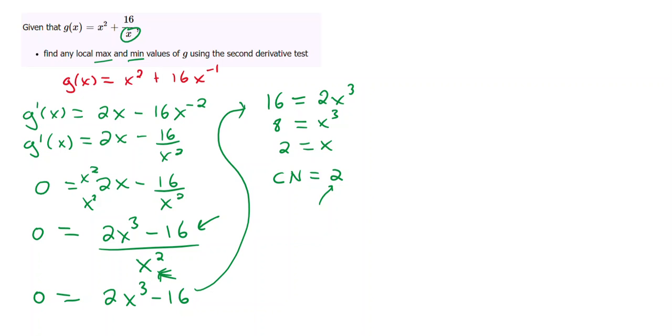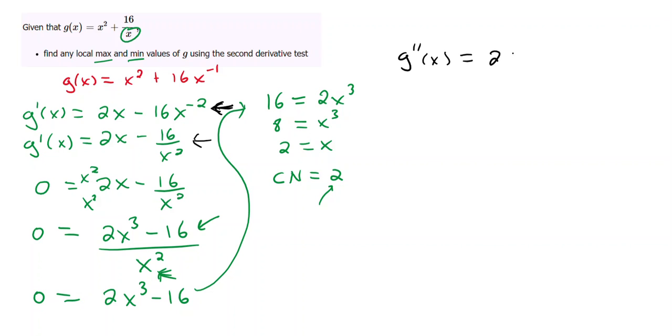Okay, so then from there, let's find our second derivative. Our first derivative was here or here, right? We can write it in either form. I might actually take the first one just because it's easier to take the derivative of. So g double prime of x is equal to, this would become just 2, and then minus, oh, actually plus, right?